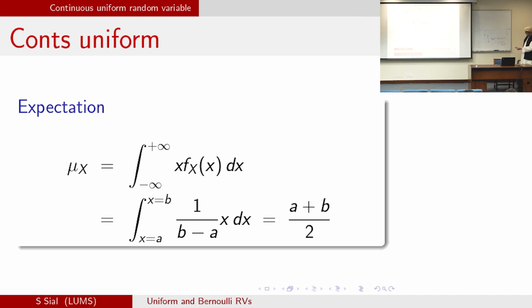The PDF on that interval takes the value 1 over b minus a times x dx. And if I do that integration, I get a plus b over 2. Okay? So if it's uniform on an interval from A to B, the expected value is the midpoint of the interval. Any questions about that? All right.